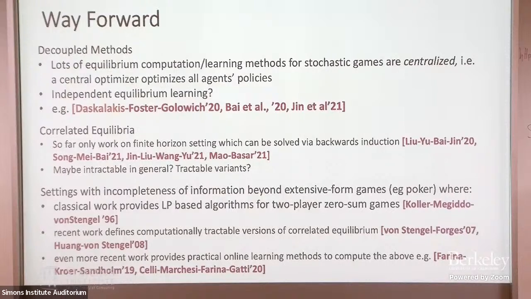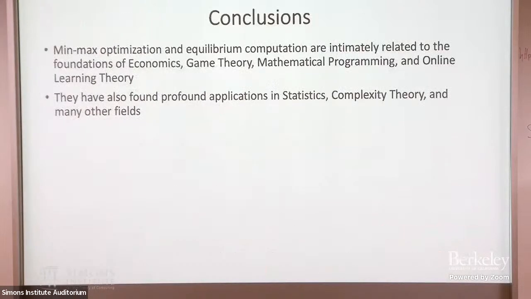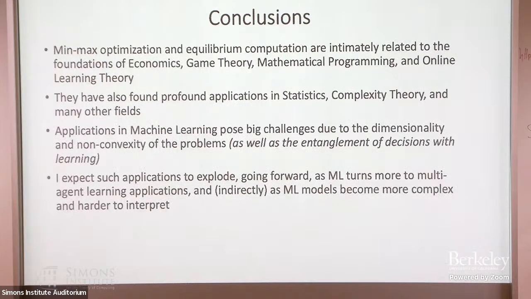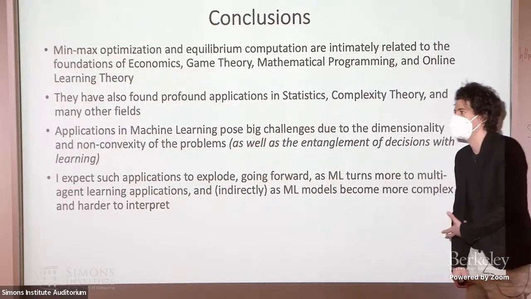So let me wrap up by saying that min-max optimization and equilibrium computation are classical questions with intimate connections to many disciplines and the foundations of optimization and mathematics. They also have classical applications in machine learning and very recent applications in machine learning.